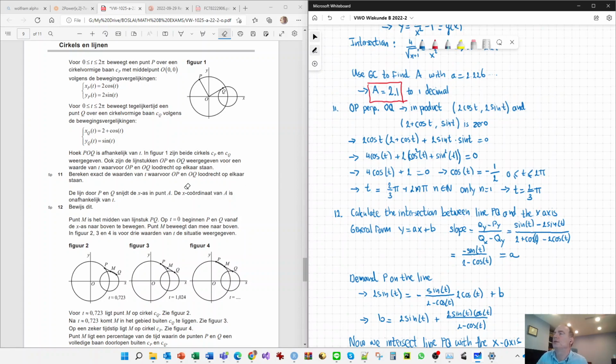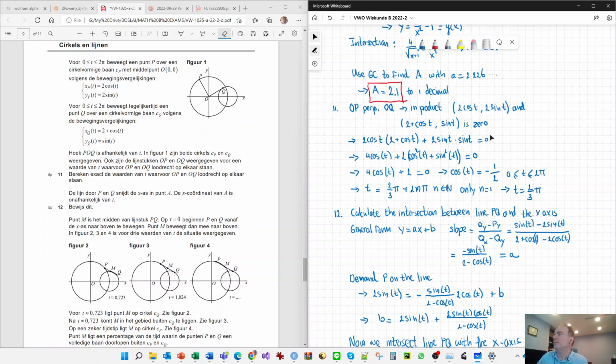and just demand that these vectors are perpendicular. So, yeah, if you write down the coordinates of P as a function of time, for OP you get 2 cosine t, 2 sine t, and for OQ, again substituting what you have here, 2 plus cosine t for x and sine t for y.